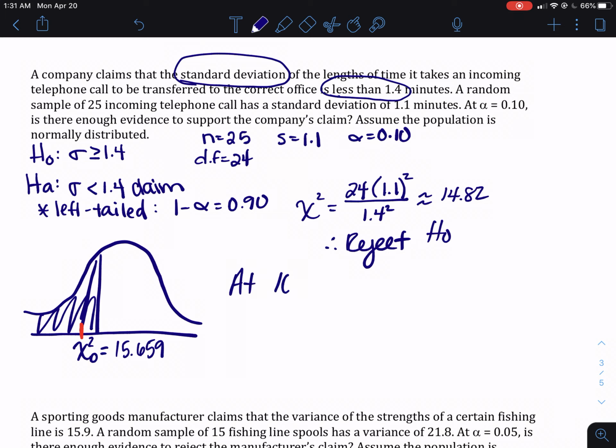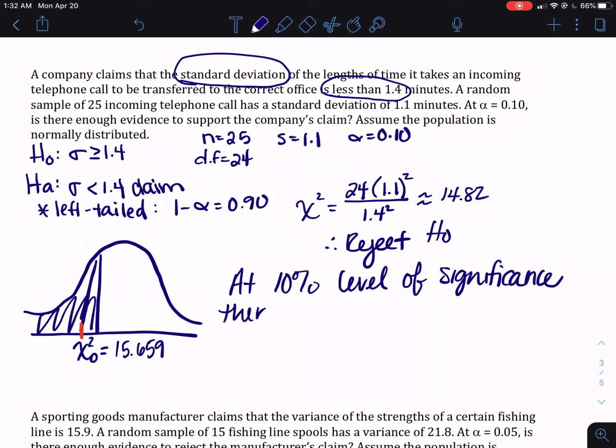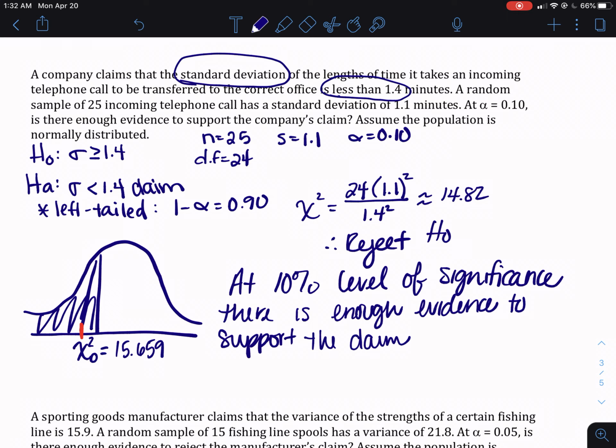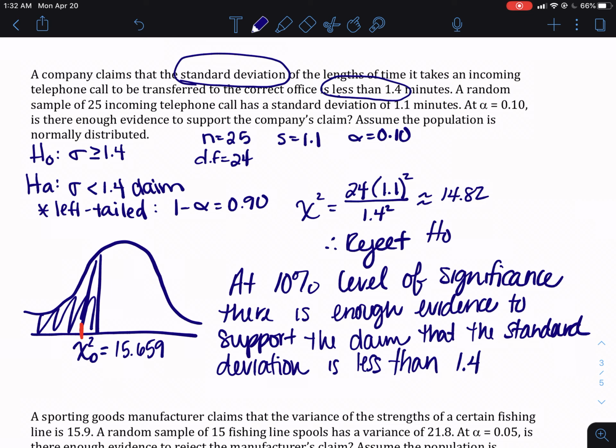So at 10% level of significance, there is enough evidence to support the claim that the standard deviation is less than 1.4 minutes.